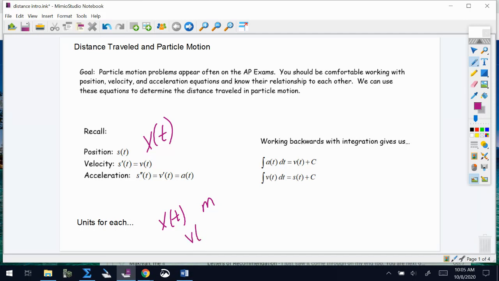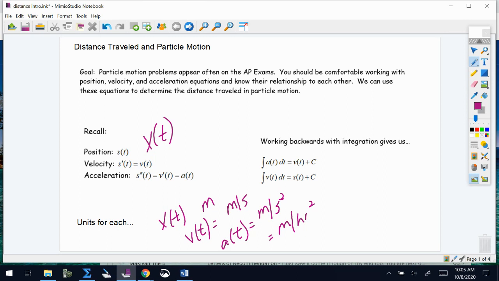Your velocity is going to be written something like meters per second, miles per hour, feet per second. Acceleration is going to be something like meters per second squared, or miles per hour squared. You always have that unit of time being squared.